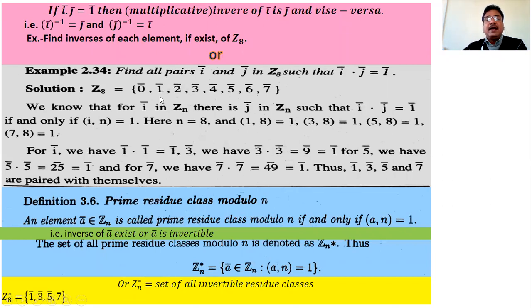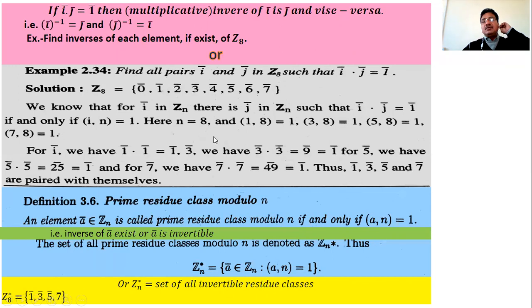Then 4 and 8 have greatest common divisor 4, not equal to 1, and therefore the inverse of 4 bar does not exist. Similarly 5 and 8 have greatest common divisor 1, and therefore the inverse of 5 bar exists. In this way 6 and 8 have greatest common divisor 2, not equal to 1, and therefore the inverse of 6 bar does not exist. And 7 and 8 have greatest common divisor 1, and therefore the inverse of 7 bar exists.